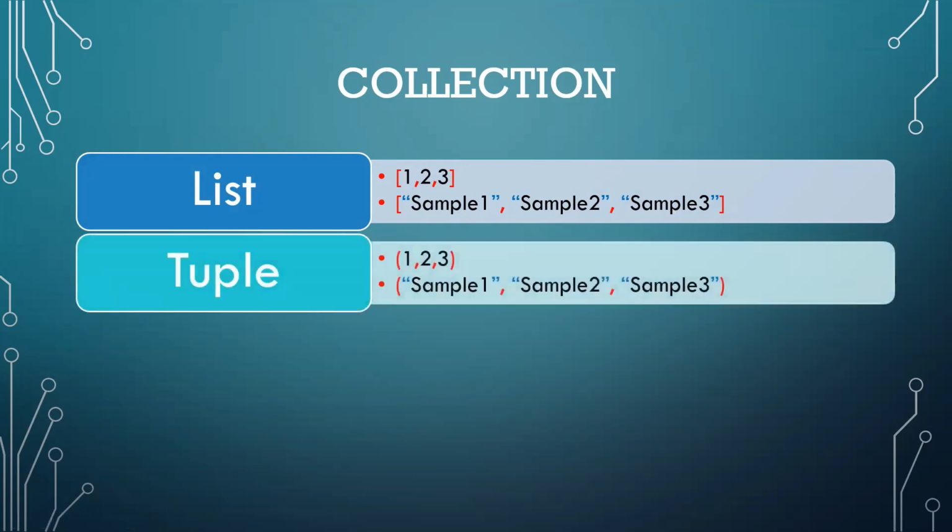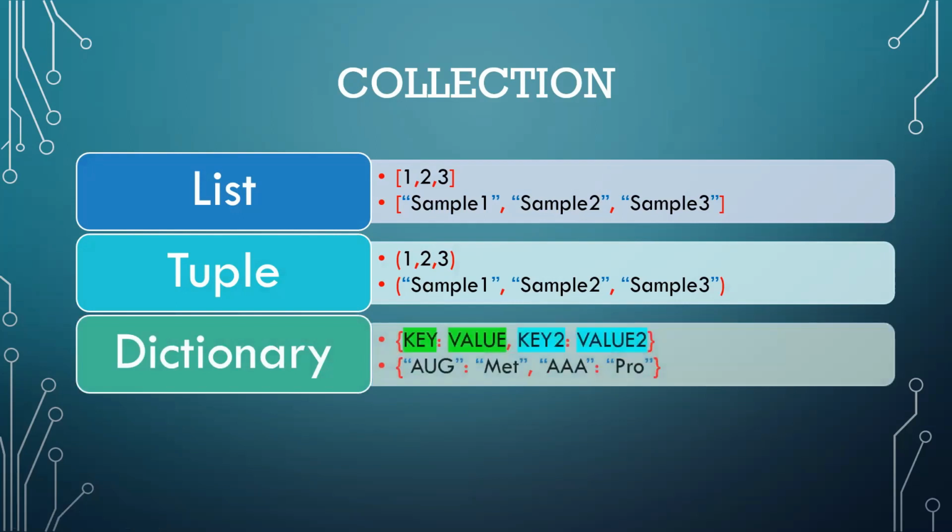For the tuple it is the same, but we use the round parentheses. And also the indexes are separated by a comma. Okay, the dictionary uses curly brackets. And as the name suggests, in the dictionary there is a word and its meaning.